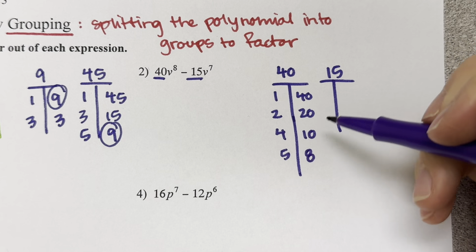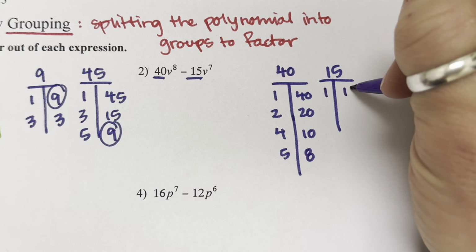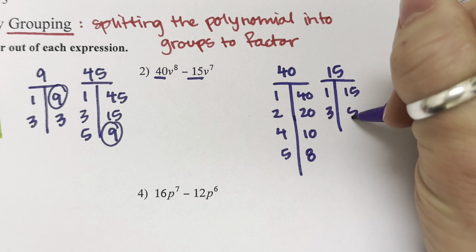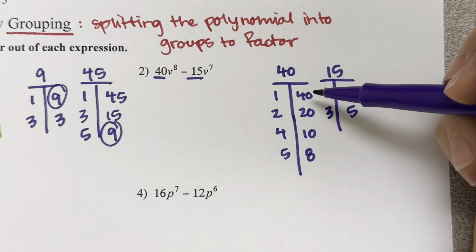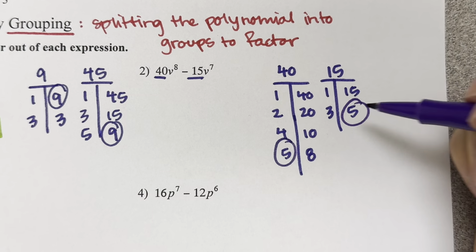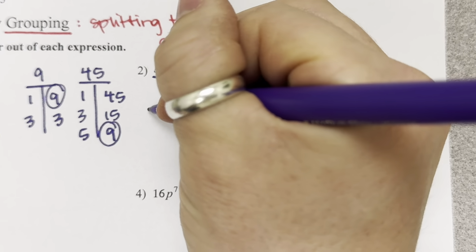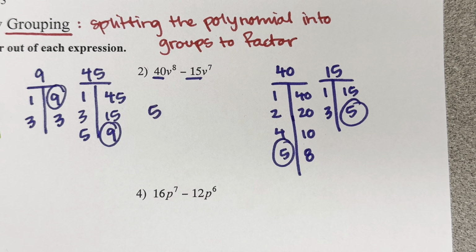So quite a few factor pairs for 40. For 15, I have 1 and 15, and 3 times 5. Let's find our greatest common factor. It looks like it's going to be 5, so I can factor out a 5 from my 2 terms.